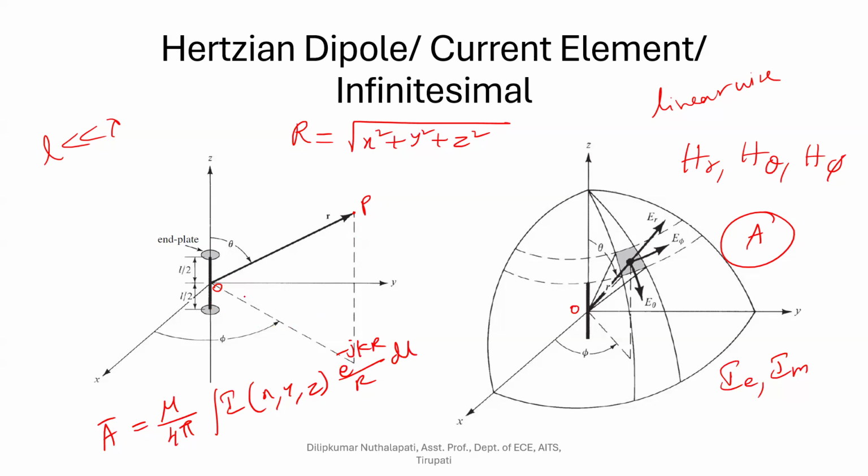If x dash, y dash, z dash is made the origin for the infinitesimal dipole, then we can get x square plus y square plus z square. And we can get the final vector potential equation for this infinitesimal dipole.